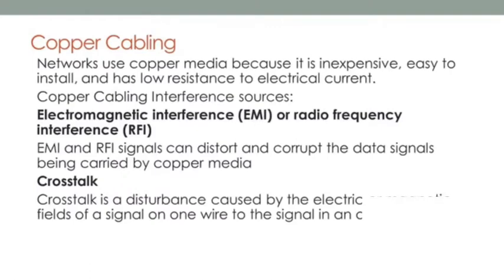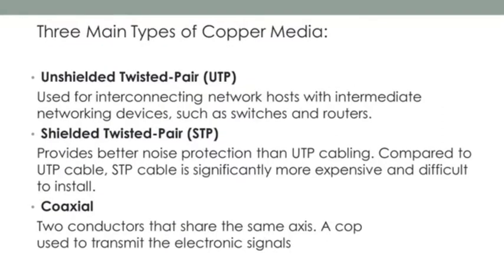Copper cabling is used in networks because it is inexpensive, easy to install, and has low resistance to electrical current. Copper cabling has interference sources: electromagnetic interference, radio frequency interference, or RFI, and crosstalk. EMI and RFI are signals that can distort data.